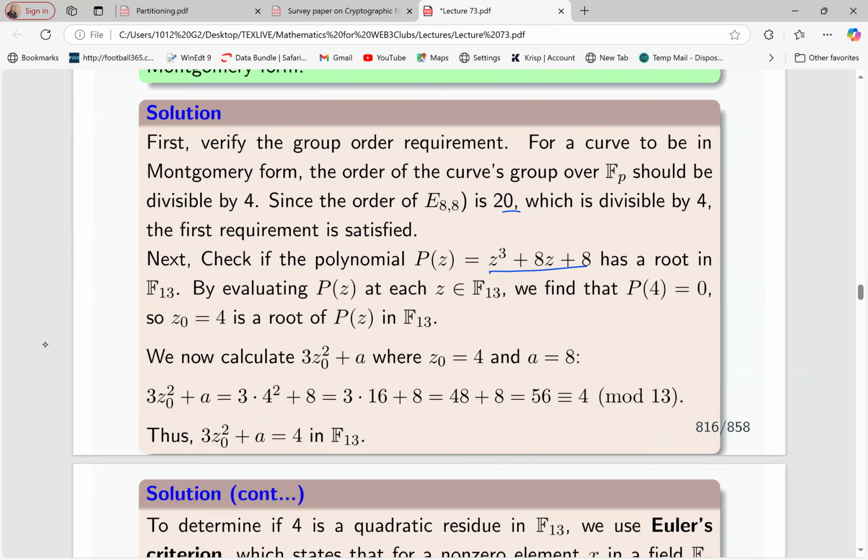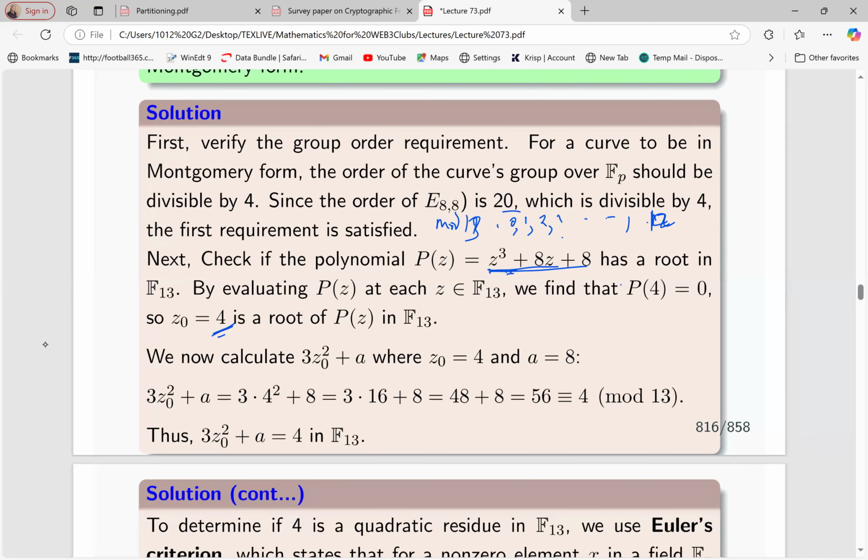By equating to 0, I found that x can be 4. So what I mean is, you're substituting the values. This one we are doing mod 13. So you're substituting here 0, 1, 2, 3, all the way up to 12, and you want to see which of these would give you 0.